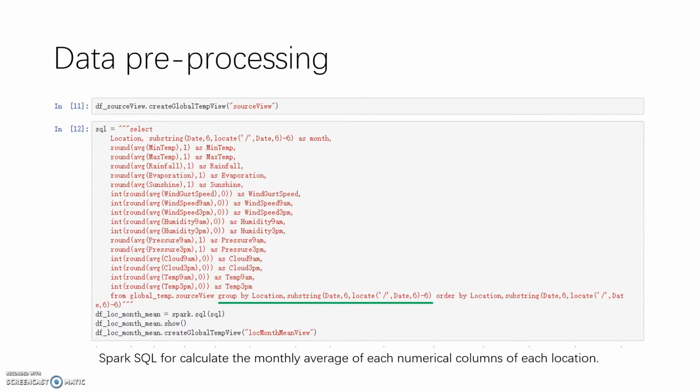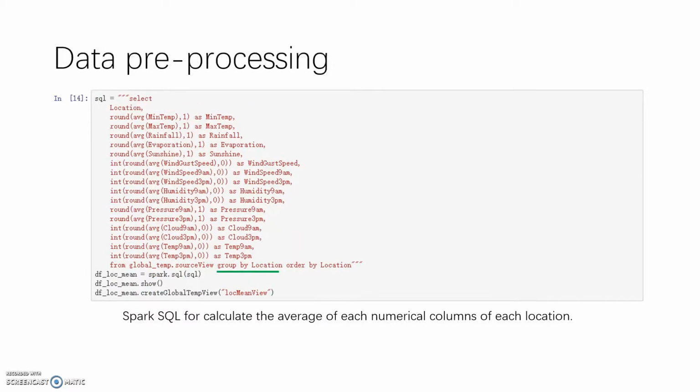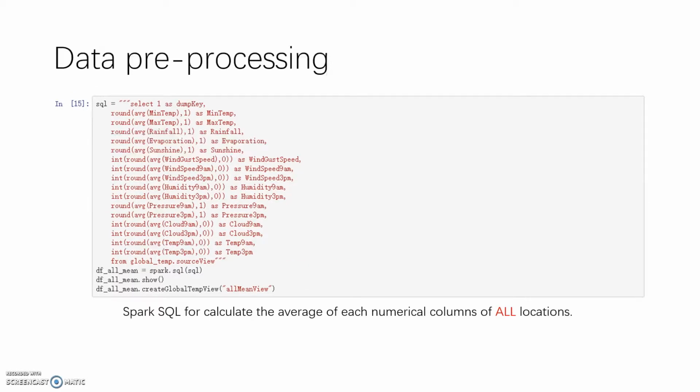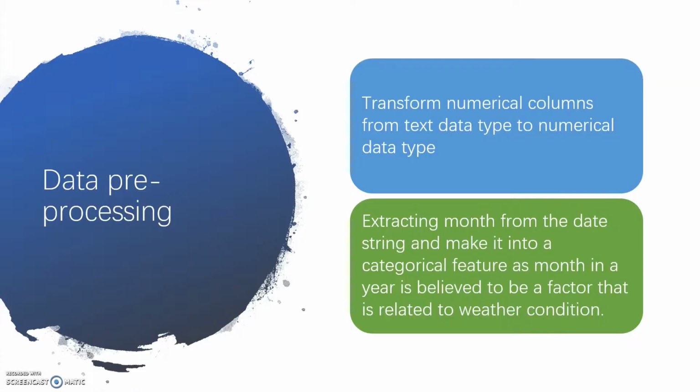The following slides show the 4 SQL scripts for creating the data views of the monthly averages by location, annual averages by location, averages by location, and averages of all locations. The 5th SQL script is for creating a new data view with all numerical missing fields filled with the calculated average values.